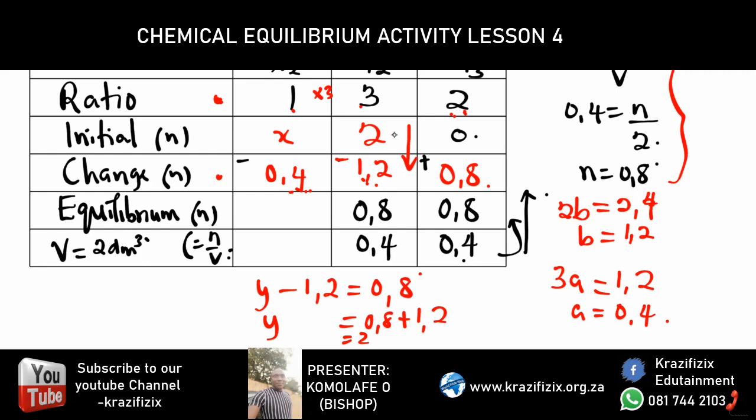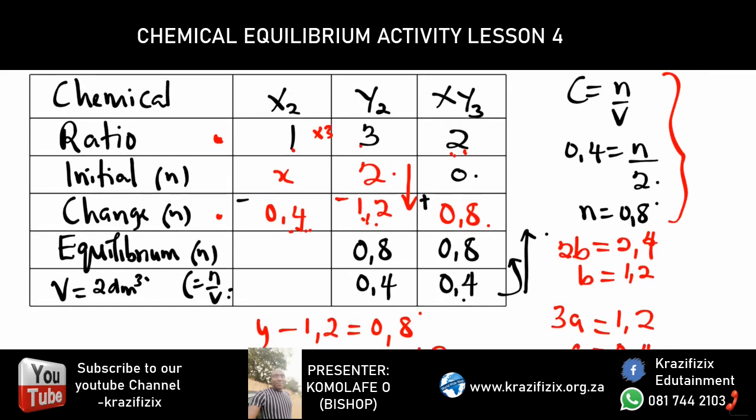But there is nothing here in the first column, so I've got a problem. Now I've got to find a way out. X minus 0.4, guys, is still x minus 0.4, because I have nothing to fill there. What is my concentration? The number I have there divided by what? 2. That's all I can do, guys. There's nothing more.